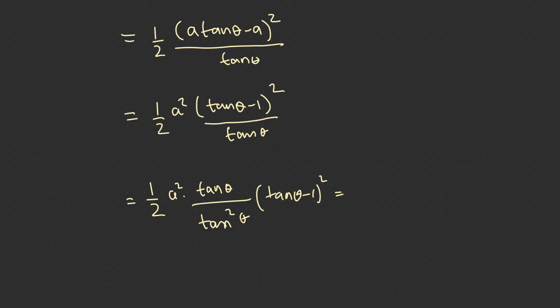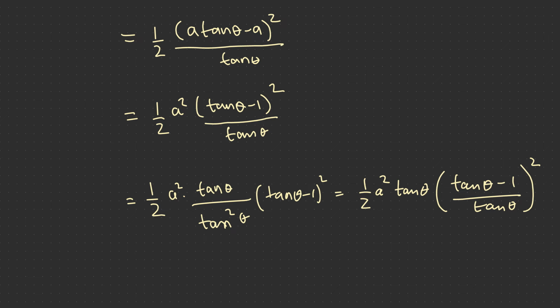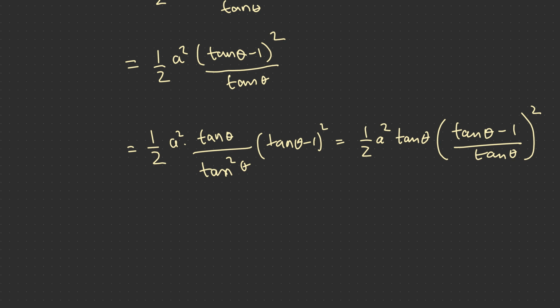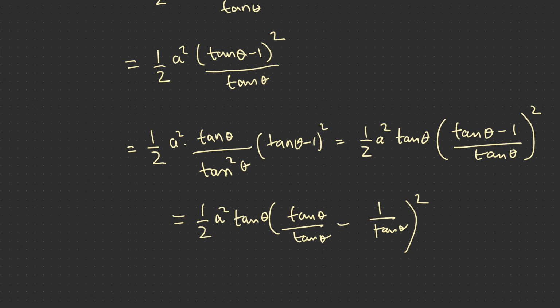So then that would be half A square times tan theta, and then tan theta minus 1 over tan theta whole square. So I can write this as half A square tan theta times tan theta minus 1 over tan theta, whole square.